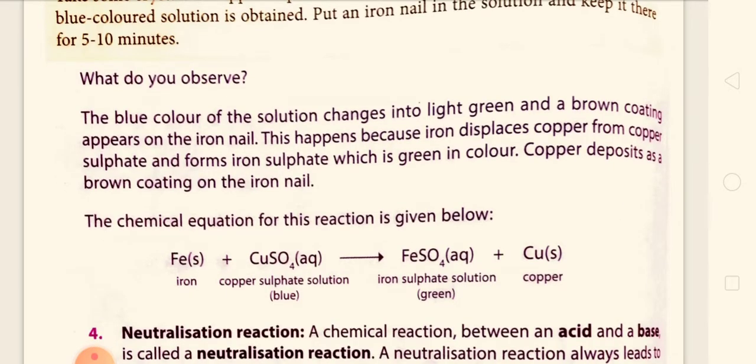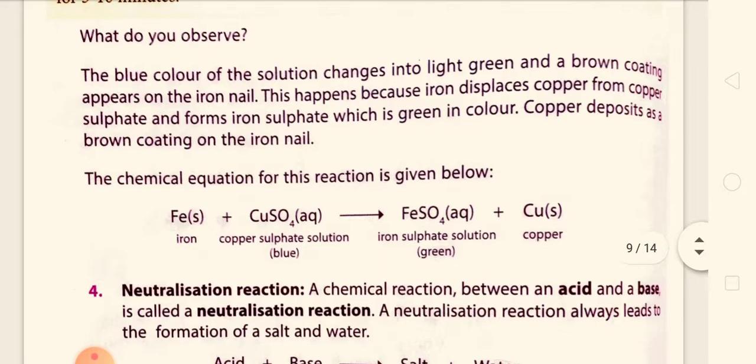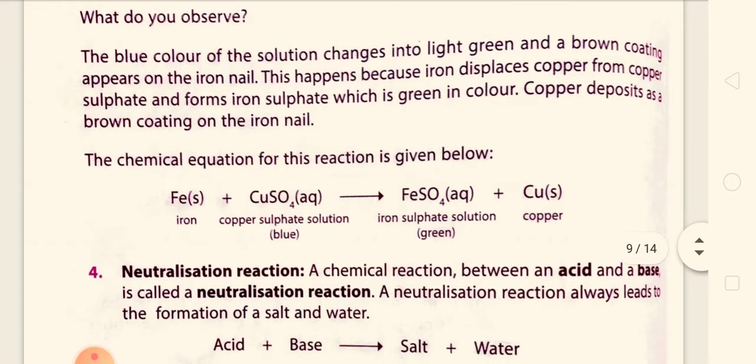Now the blue color of the copper sulfate solution changes into light green and a brown coating appears on the iron nails. This brown coating on the iron nails is copper. This copper gets separated, gets displaced by iron. Iron यानी कि Fe, and the blue solution becomes green in color, isn't it?